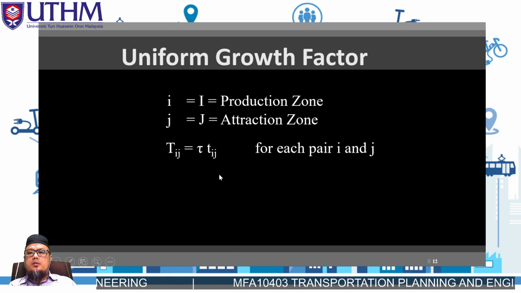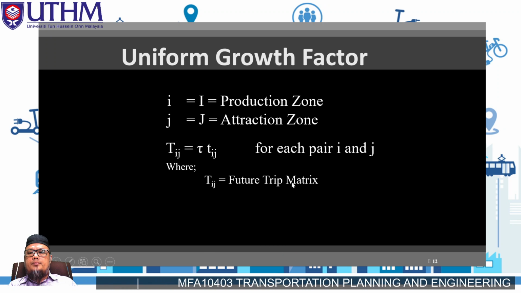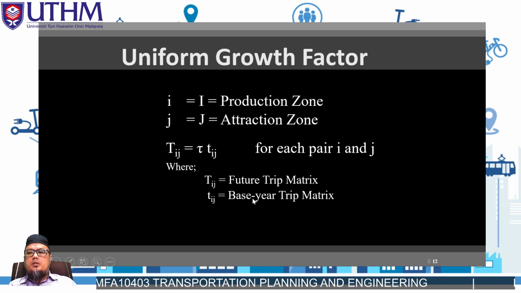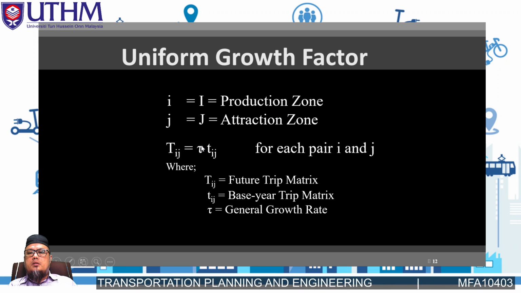So this is the factor. This one is the trip matrix that we're going to calculate based on this value. Tij is the base year trip matrix. This one is the growth factor, because we're going to use the growth factor, but in the uniform method.